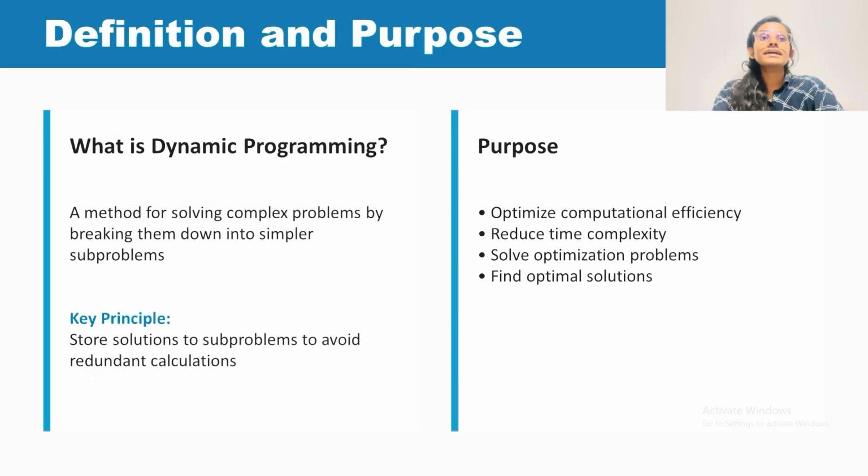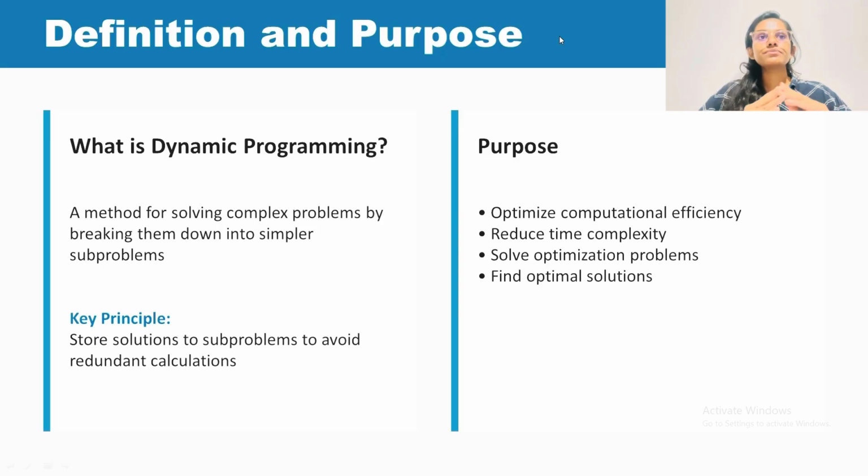So, what exactly is dynamic programming? At its heart, dynamic programming is a method for solving complex problems by breaking them down into simpler, more manageable subproblems. But here's where it gets interesting. The core principle of dynamic programming is this: we store the solutions to subproblems so we never have to solve the same subproblem twice.